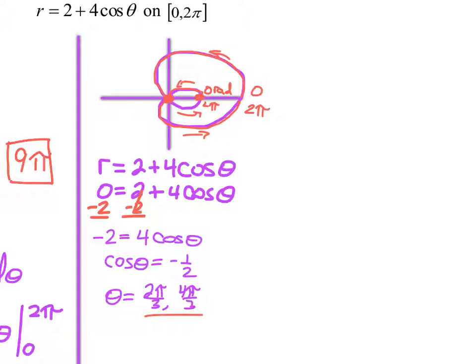So then I would say, okay, is that too far? Let me try 2.5 pi. It's still too far. So then I'll try 2 pi. Is it too far or is it just right? I don't know.